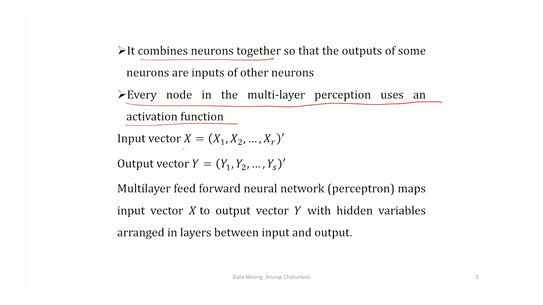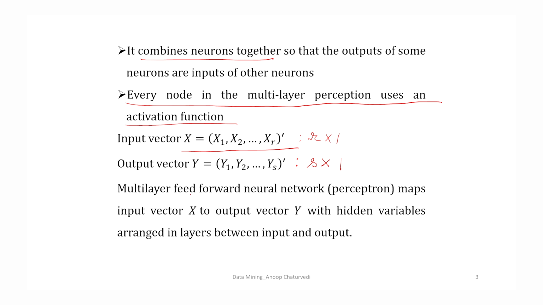So, suppose this is your input vector x equal to x 1 x 2 x r transpose. So, this is r cross 1 vector, which consists of r input variables, and then y is y 1 y 2 y s transpose, an s cross 1 output vector, which consists of s output variables.